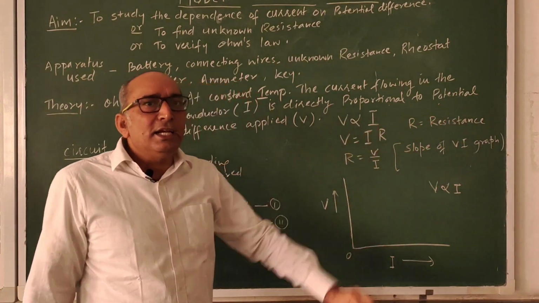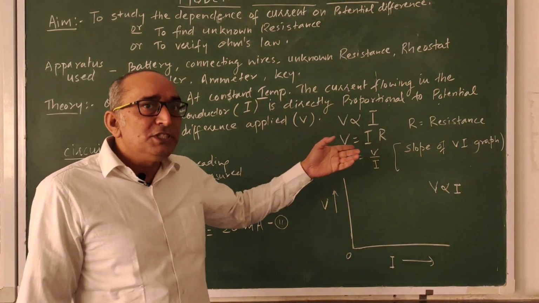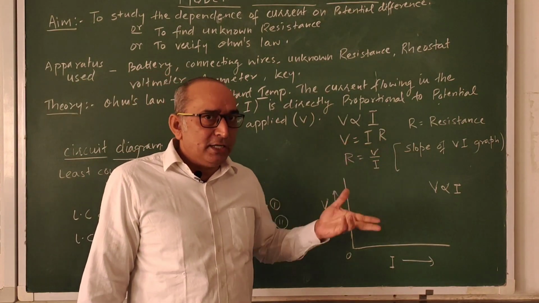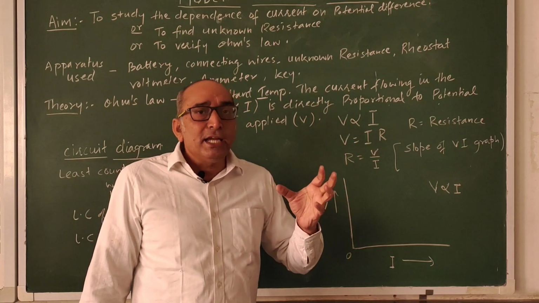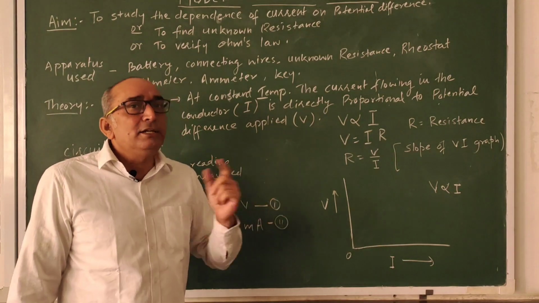Resistance is basically electrical friction. It opposes the flow of current. If a wire has more resistance, so it will allow less current to pass.